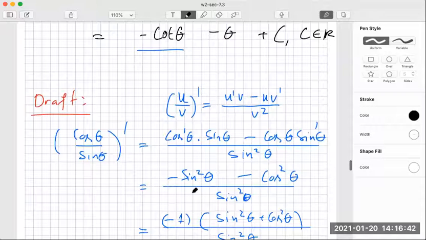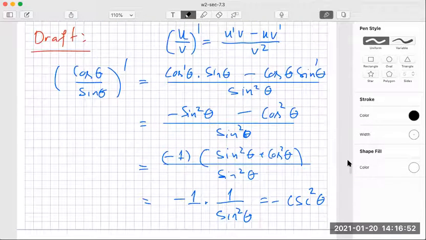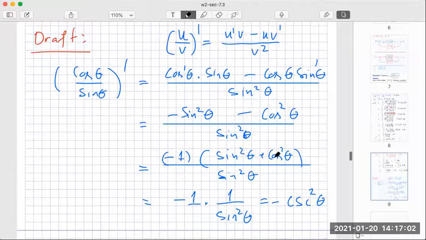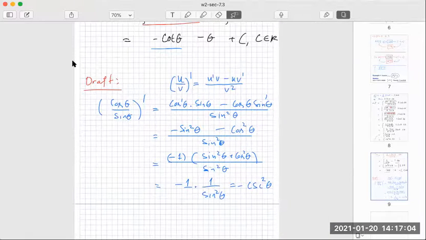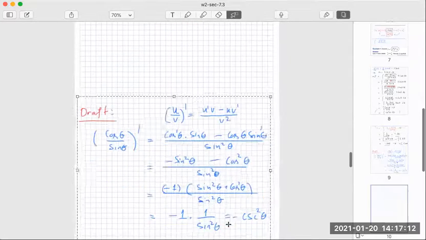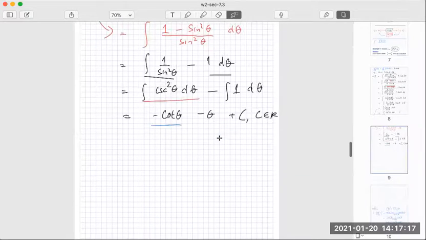Can I erase this side computation? Now let us continue this part.